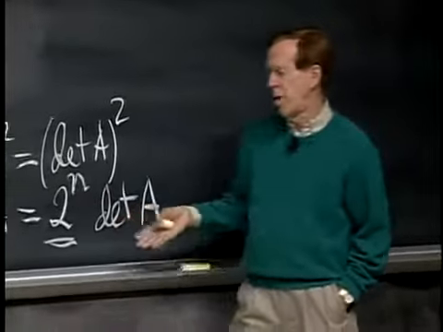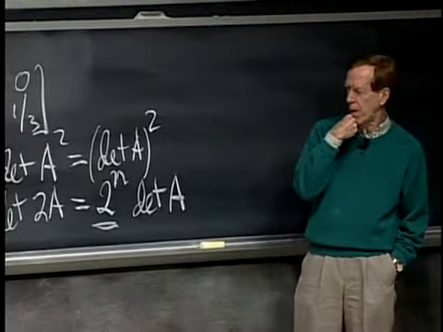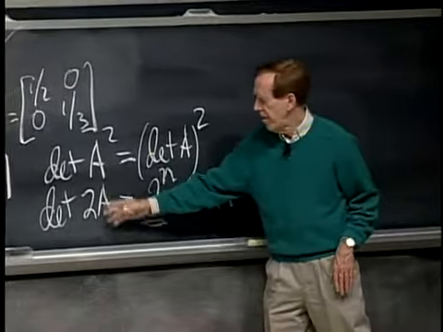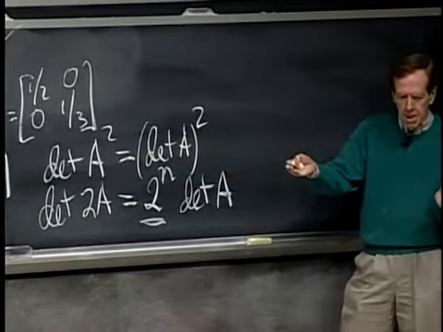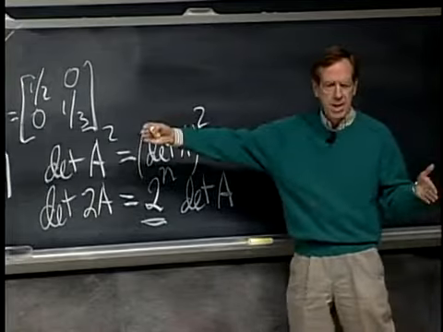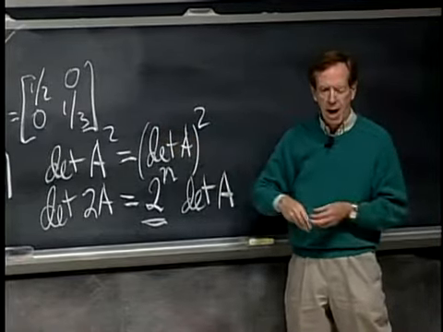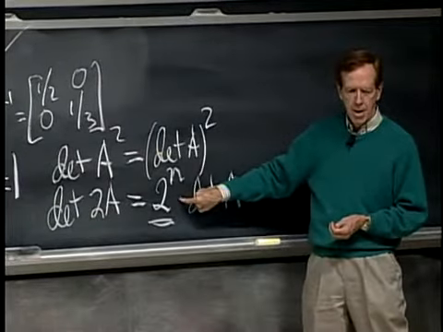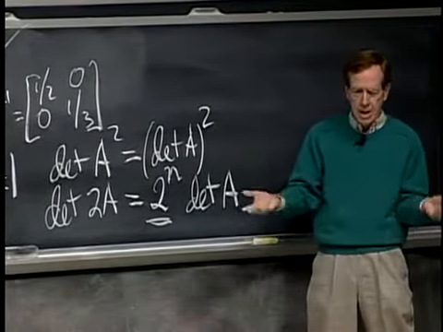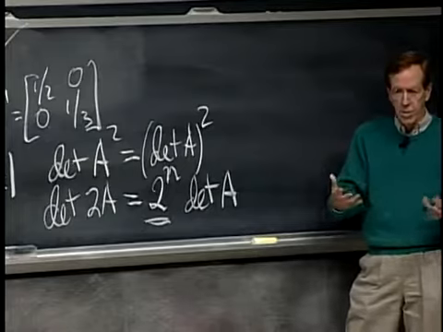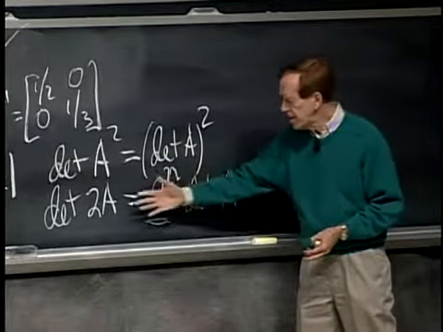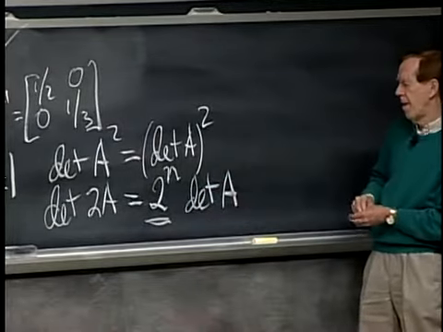It's like volume, really, and that's one of the great applications of determinants. If I have a box and I double all the sides, I multiply the volume by 2 to the nth. If it's a box in 3 dimensions, I've multiplied the volume by 8. And this is rule 3a here.